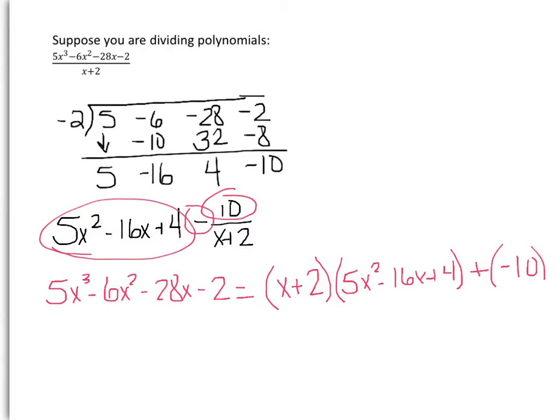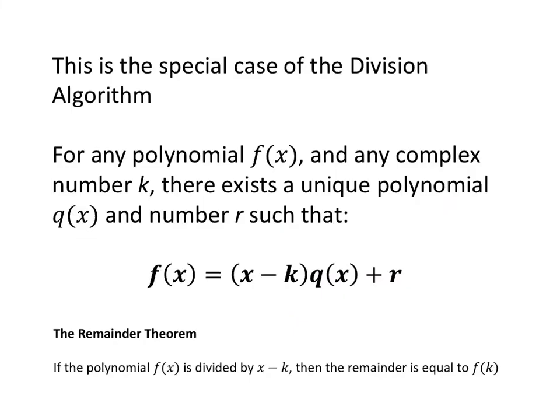This is actually called the division algorithm. I can take my f of x and I can set it equal to the thing I'm divided by times that answer I get, because that's what division is, plus my remainder. This is what it looks like as an algorithm.